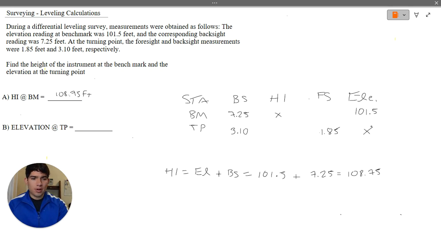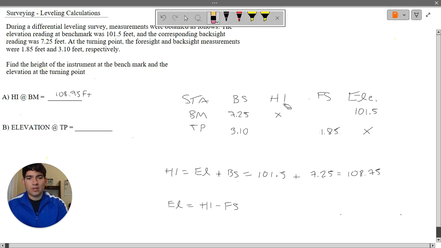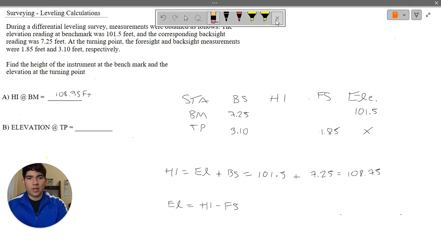Now we need to know the elevation at the turning point. The way that we find that is the following formula. Elevation is equal to height of the instrument minus foresight. In this case, it's going to be the height of the instrument that we just found. So here I'll go ahead and fill that in for us.